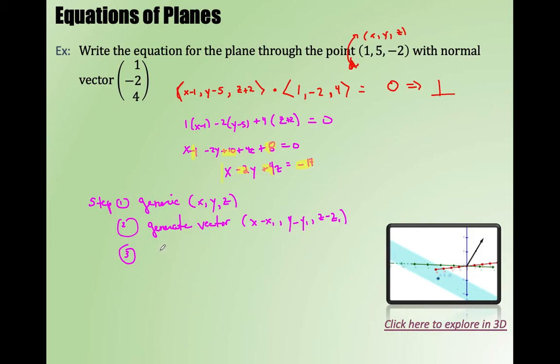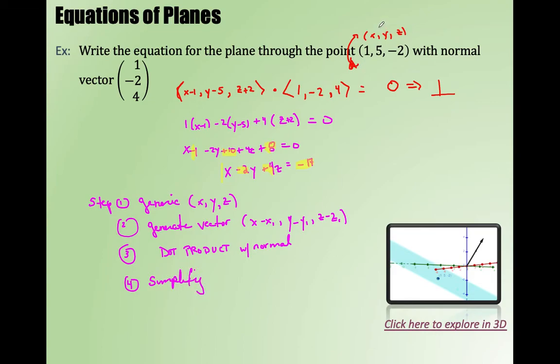Third, I did the dot product. Take that vector and do the dot product with the given normal. And then simplify.